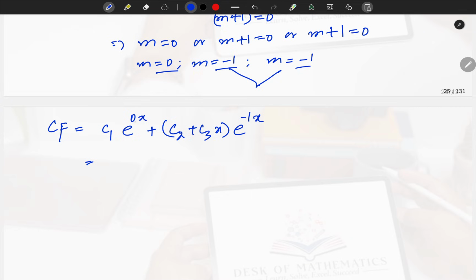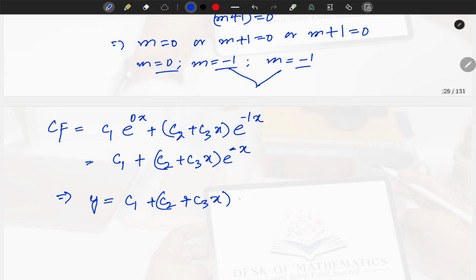Anything raised to power 0 is 1, so c1 plus c2 plus c3x e raised to power minus x. As your x is equal to 0, RHS is 0, so it means that y is equal to c1 plus c2 plus c3x e raised to power minus x is the solution.